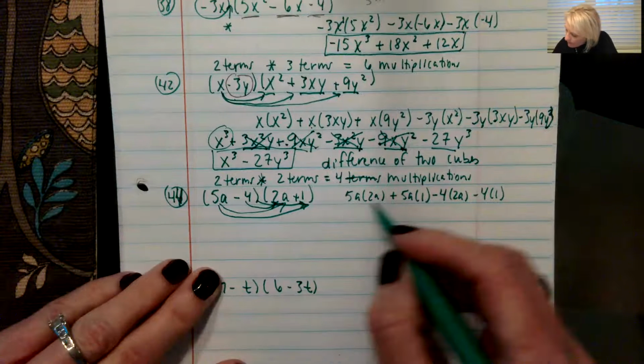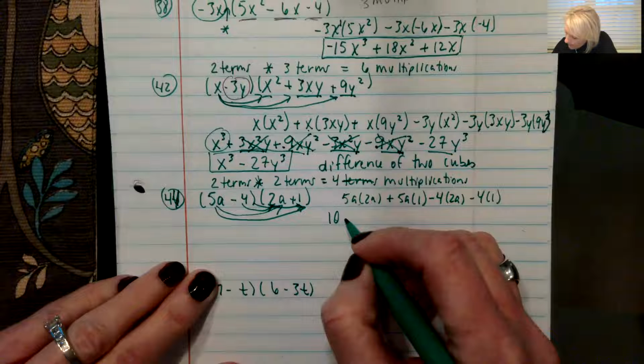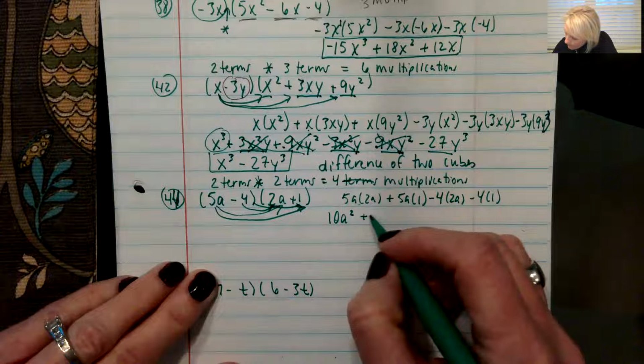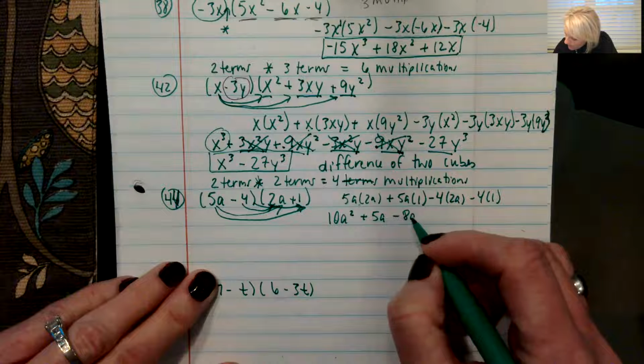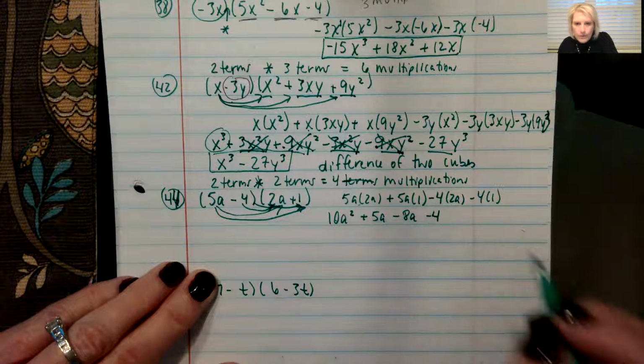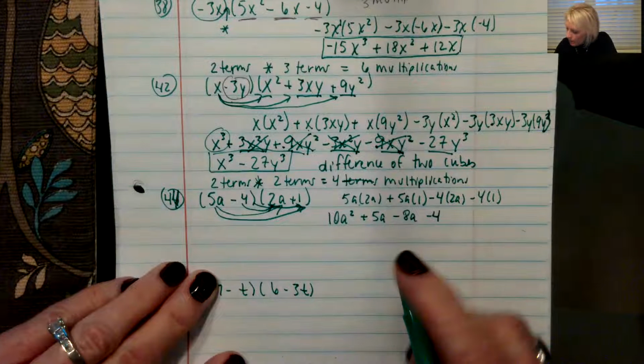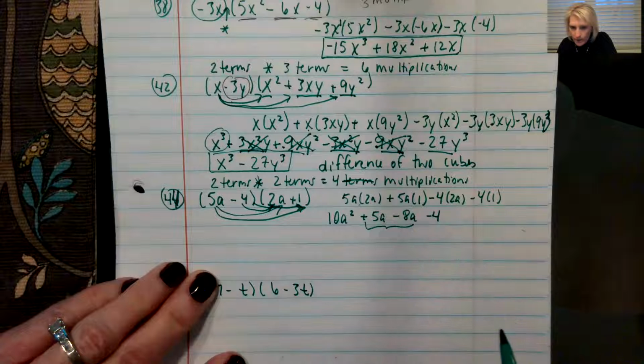Okay, so let's go ahead and get these multiplied. So we have 10a squared plus 5a minus 8a minus 4. And then we have like terms in the middle.